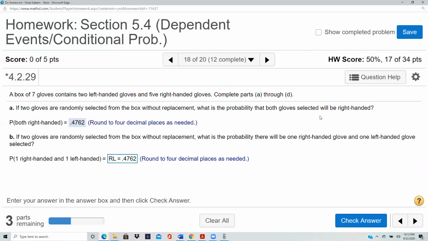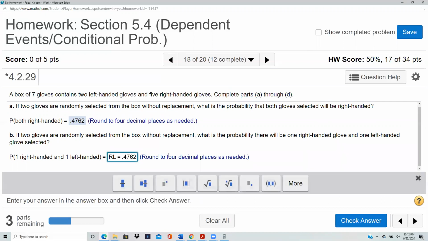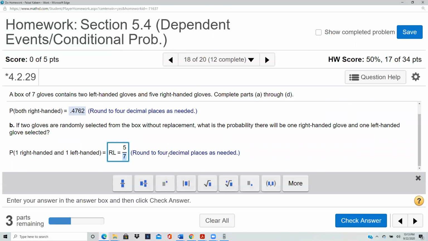One right-handed, one left-handed. What went wrong? Let's see. First right, second left will be 5 over 7 times 2 over 6.